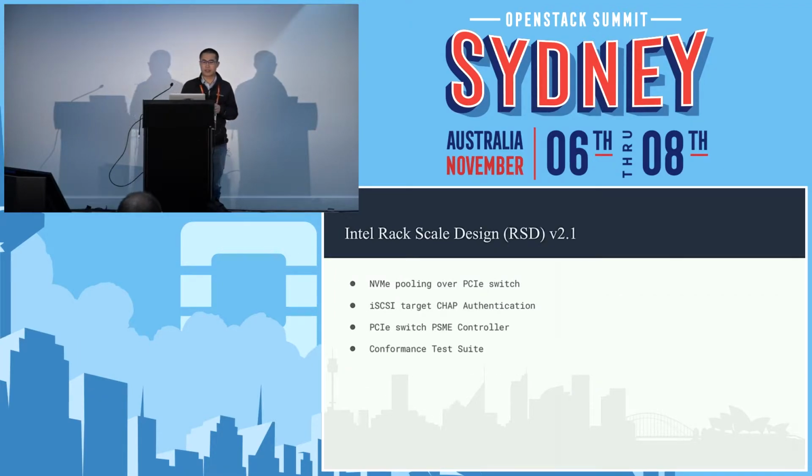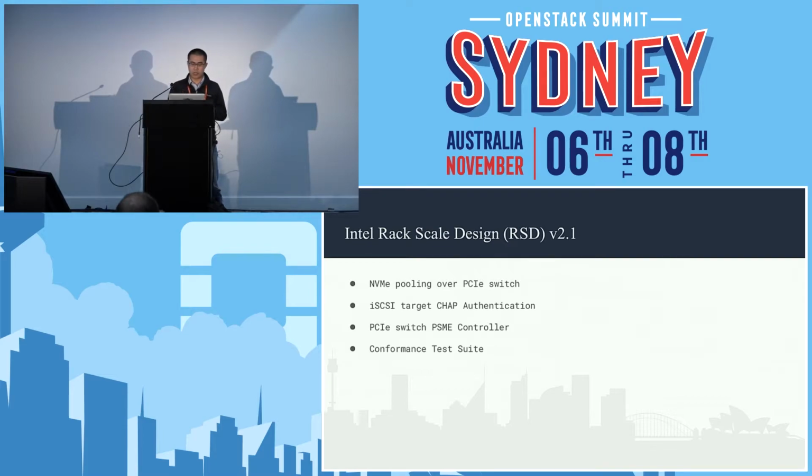So in this Pike cycle, and in the future, we are planning to implement the RSD 2.1 API. And with the RSD 2.1 version, we have the following capabilities, such as NVMe pooling over PCIe switch. You can make an API call to plug different NVMe disks to the bare metal. And we can also enable the iSCSI target authentication mechanism when you call the attach command.